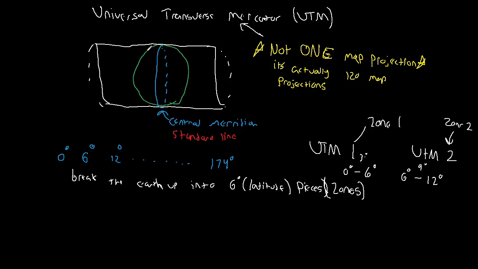Distortion is where the reference globe and the developable surfaces are different, and that distortion is minimized the closer you get to the standard line. So what UTM has done is it's just said, hey, let's break the Earth up into pieces called zones, each piece being approximately 6 degrees wide, stick the standard line down the center of it, so that at most you're 3 degrees away from the standard line. So your distortion should be pretty good.